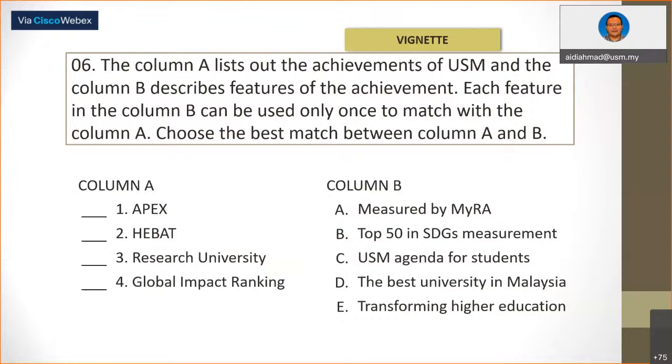Even with this short information, it still requires quite deep thinking, connection and engagement, so that only then we can understand which one is the answer. For example, hebat, right? If we never heard about hebat, definitely we cannot get the answer. But if you know about hebat, then you will straight away connect, oh, it's about student, and then we analyze the answer in column B. So that's my opinion. Going back to my question, do we still need elaborative information with this kind of question, or is the one that you shared already a good example?